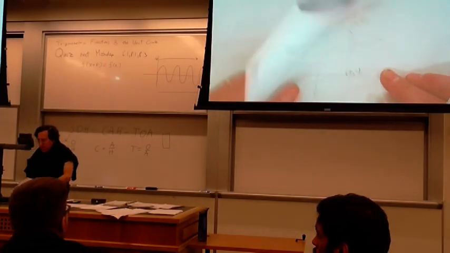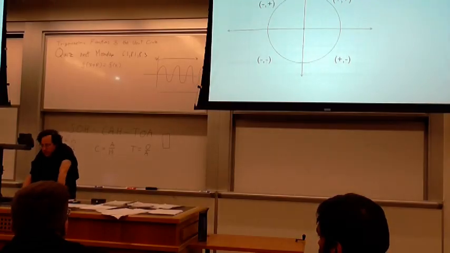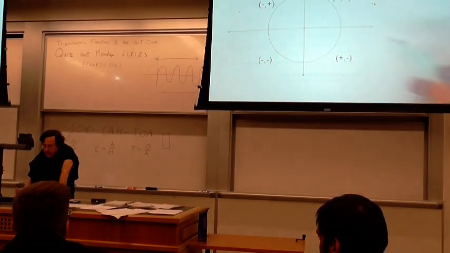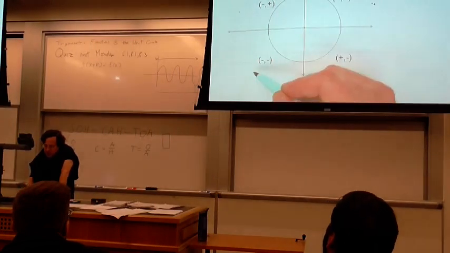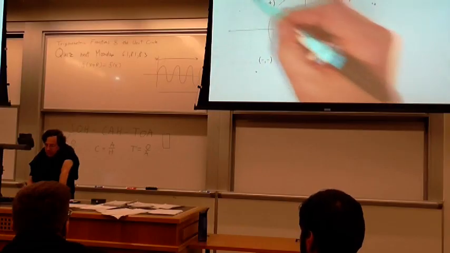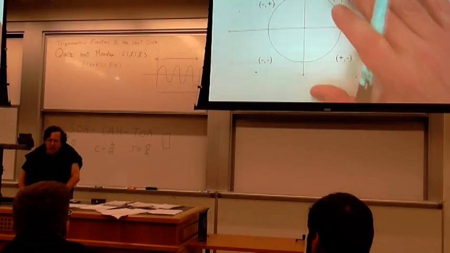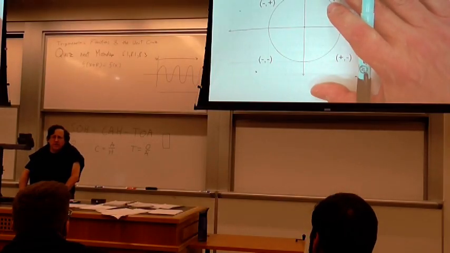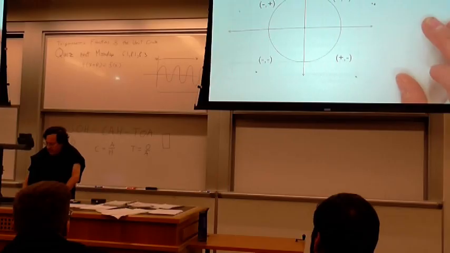Okay, so here's kind of a map showing you the sign of each of these functions in each of the quadrants. There's a nice symmetry here: positive, positive, negative, negative, negative, positive, positive, negative. And you should try and familiarize yourself with this a little bit. It's helpful to kind of be oriented.